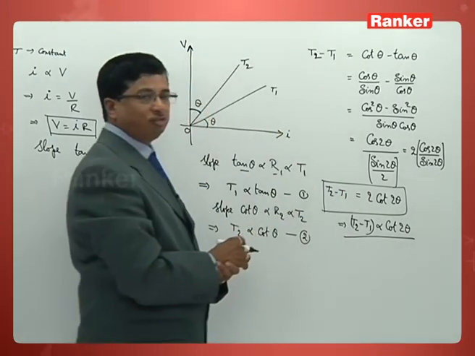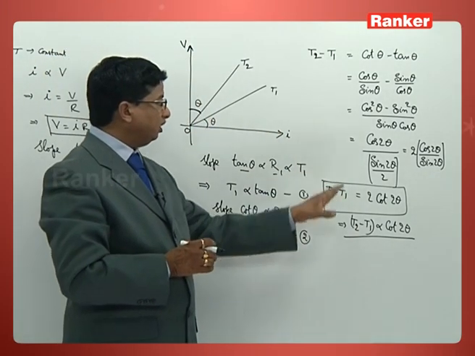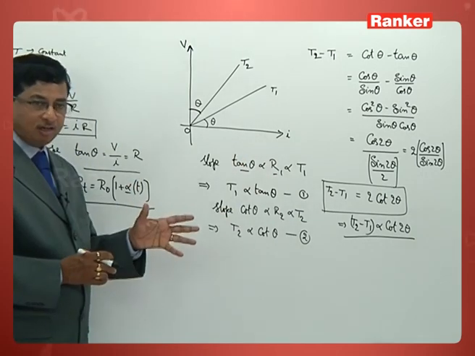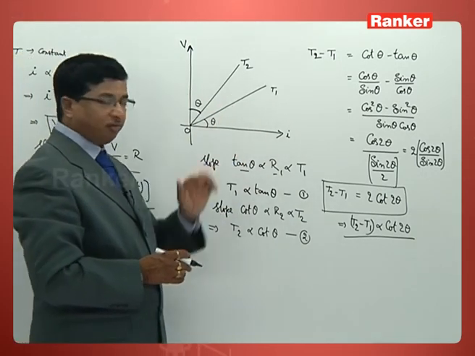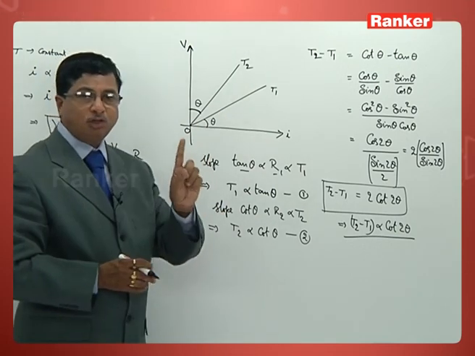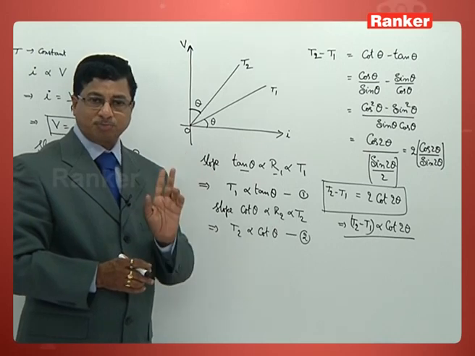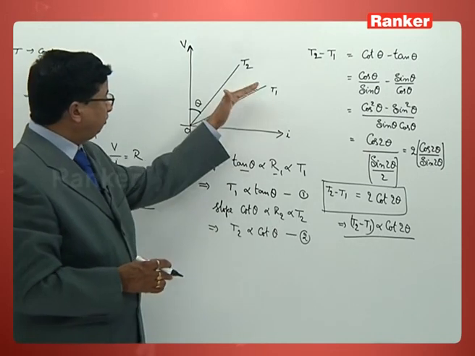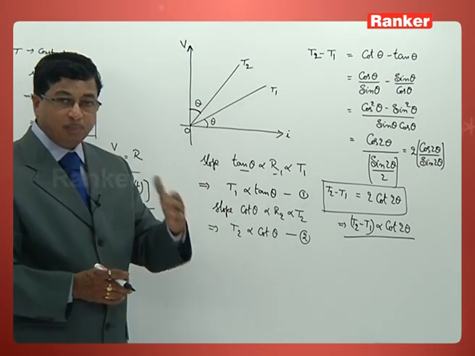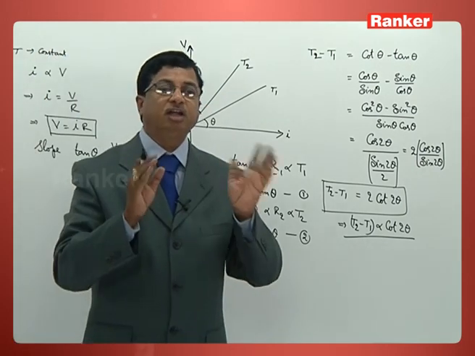That is the equation. So what should you understand from this? Whenever we consider Ohm's law, the V and I graph for a conductor is a straight line passing through the origin. Second thing, this particular straight line depends on the temperature of the conductor.